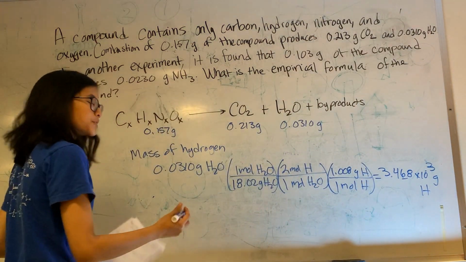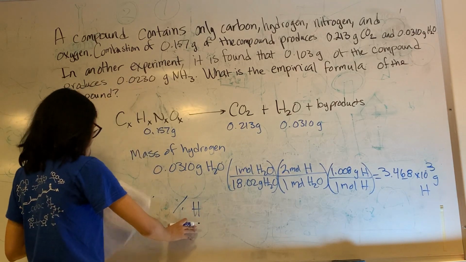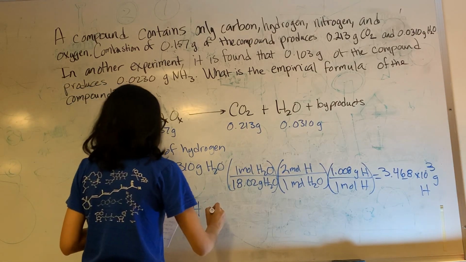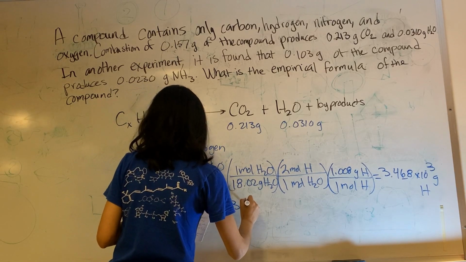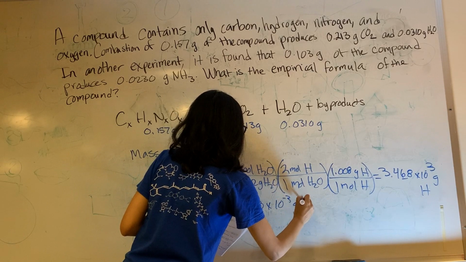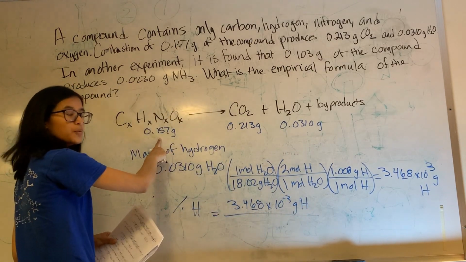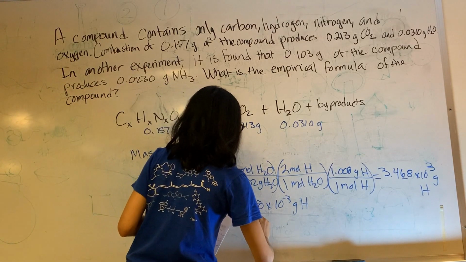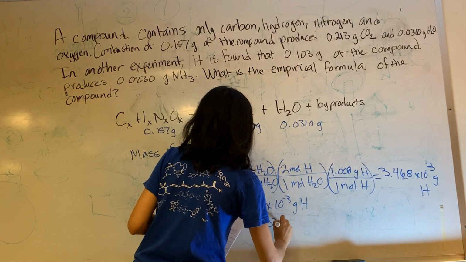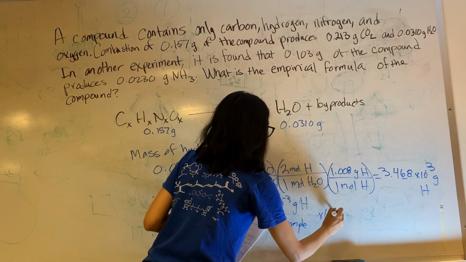And then we get percentage, just like we did for the carbon. So the percent of hydrogen is going to equal the mass of hydrogen that we just found, divided by the total mass in our sample, which is 0.157, because we're still dealing with that first sample. And then times 100%.